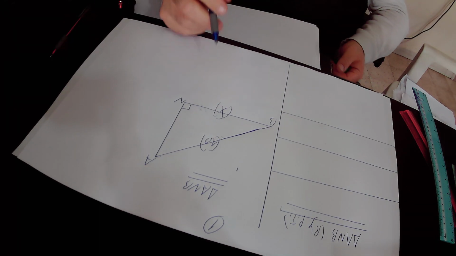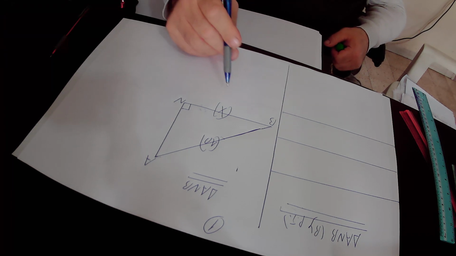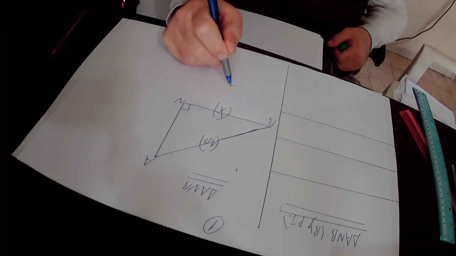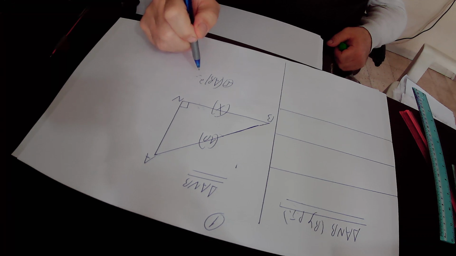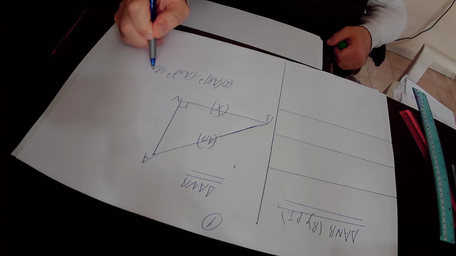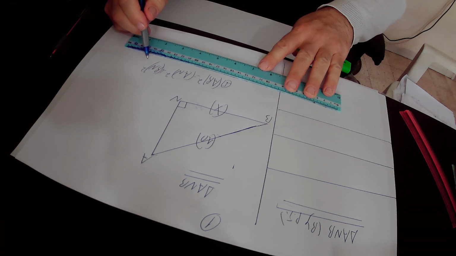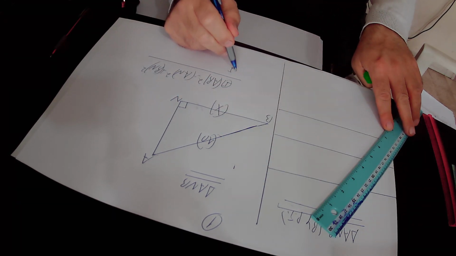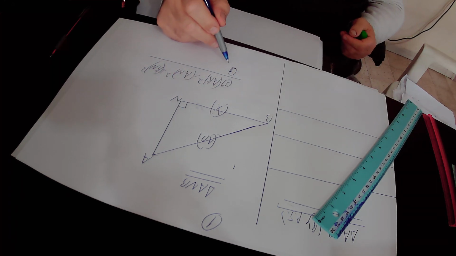So okay, this is the right triangle, triangle ABN, that I copied from the original drawing. According to the Pythagoras theorem, AB squared equals AN squared plus BN squared. AB is 10, therefore AB squared is 10 squared, it is 100.